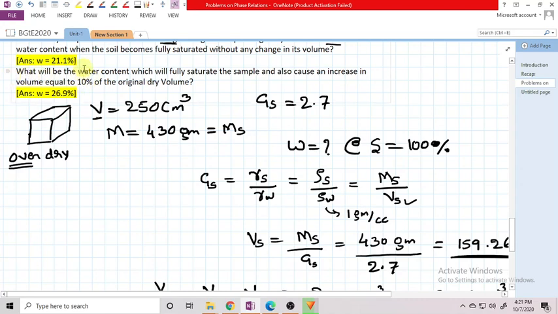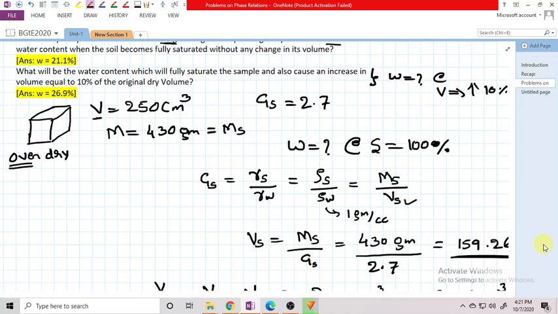So they are asking the water content at S more than 100%. That means your total volume is now increased by 10%. So at that volume, what is the water content they are asking? That we have to find out. Come to here.